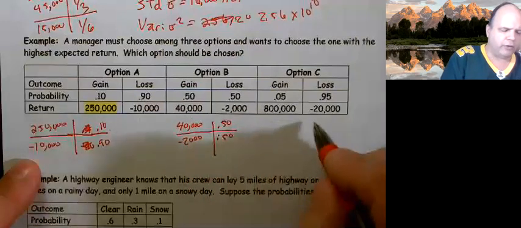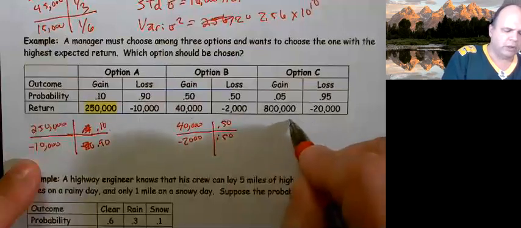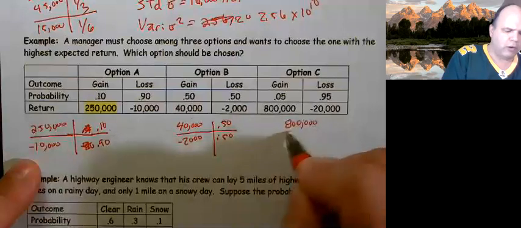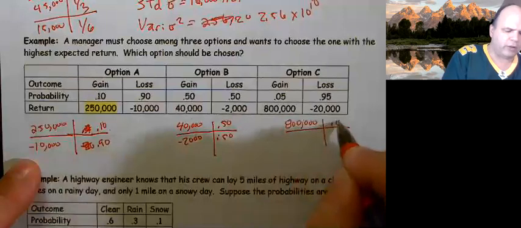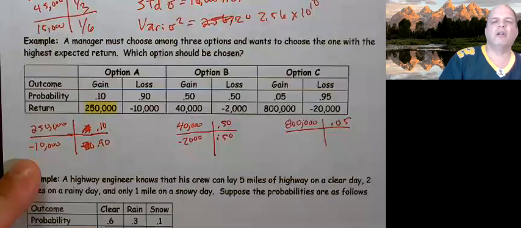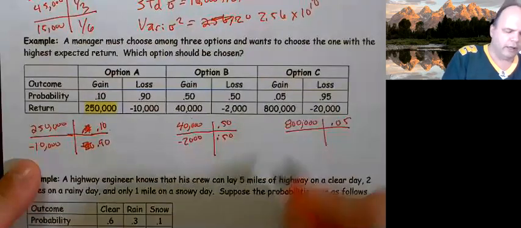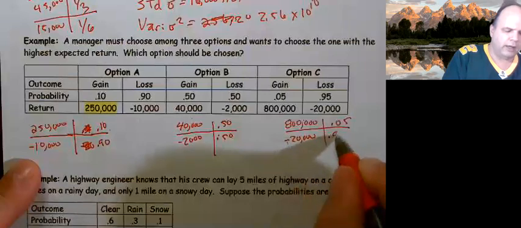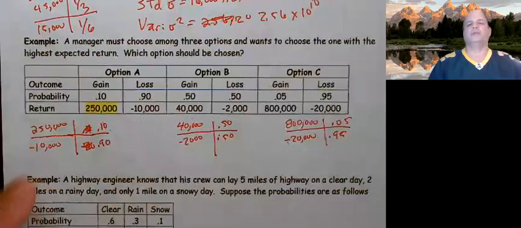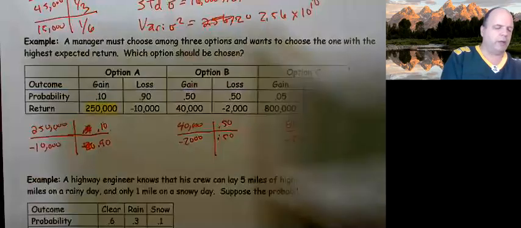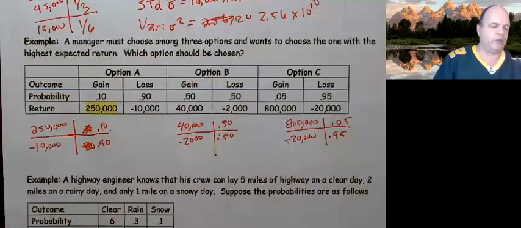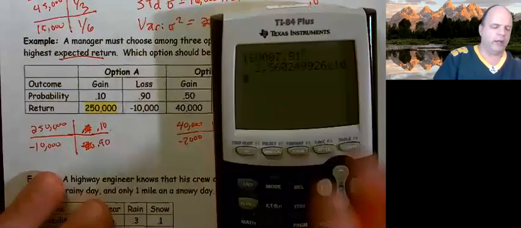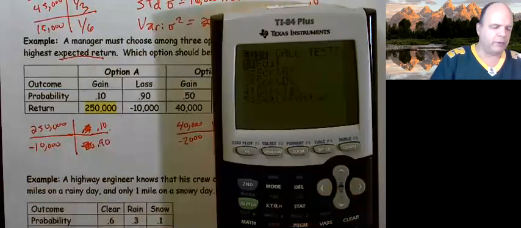And then for option C, we have a 5% chance of getting 800,000 and a 95% chance of losing. So let's do the expected values because they want to know which one should they choose. And they said, what's the highest expected return? So we're going to have to do this 3 times.